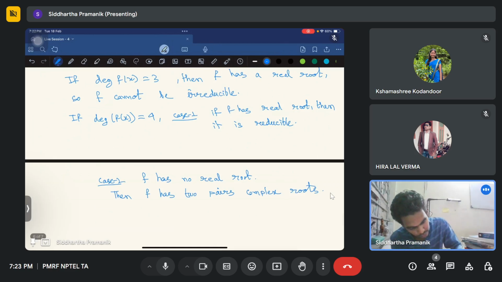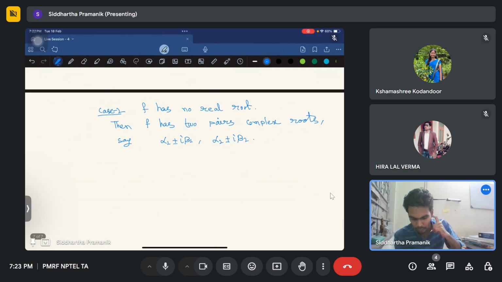So let's say alpha 1 plus minus i beta 1 and alpha 2 plus minus i beta 2. So these are the four roots of f. Then you can check that f can be factored into two degree 2 polynomials.